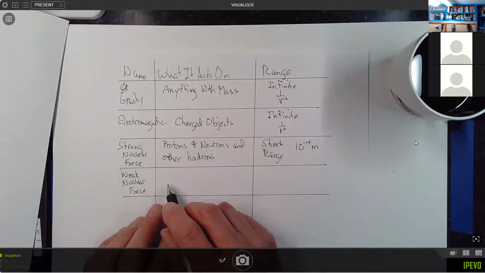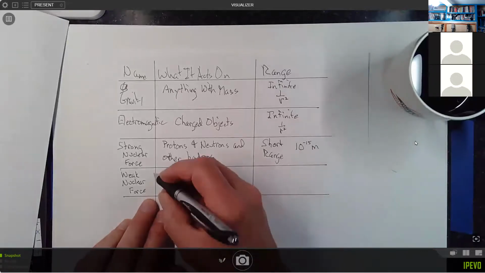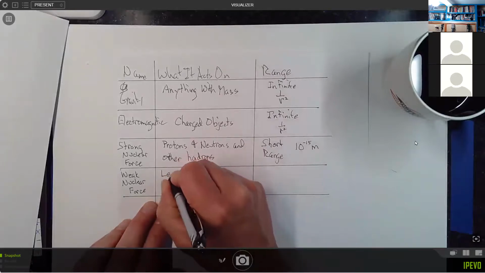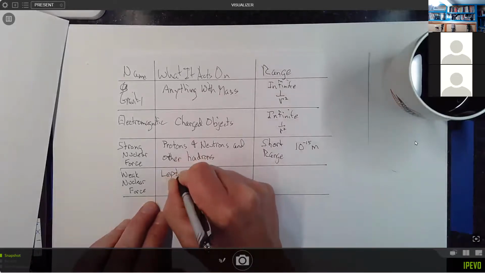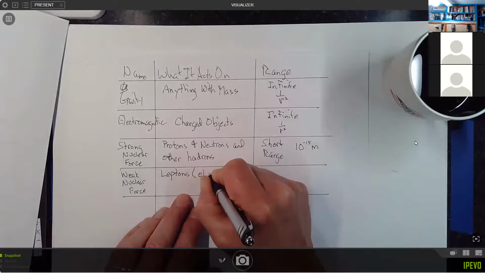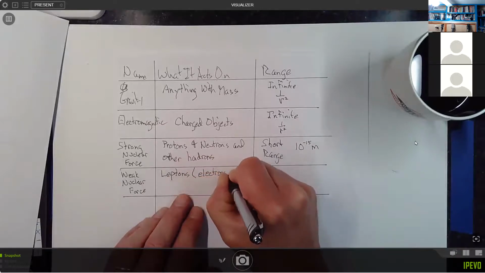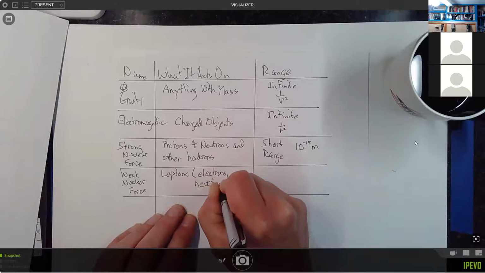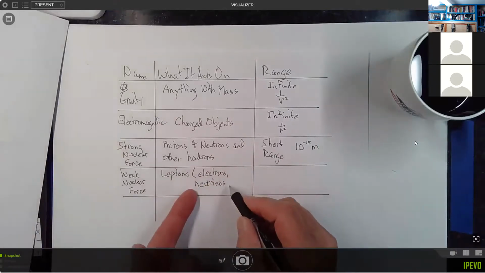Let's see. The weak nuclear force only acts on particles called leptons. And there are just 6 leptons. One of the leptons is the electron. And another one is the neutrino. There are 3 types of neutrinos.